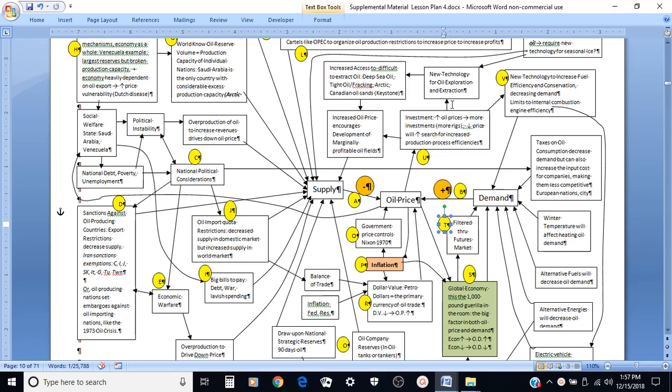Either way, you can get new technologies for oil exploration and increased extraction, right? And with these new technologies, you can have access to hitherto inaccessible oil. For example, all the tight shale oil wasn't accessible until fracking technology was developed, right? So you have increased access to difficult to extract oil like deep sea oil or tight oil, the shale oil, which was acquired through fracking.